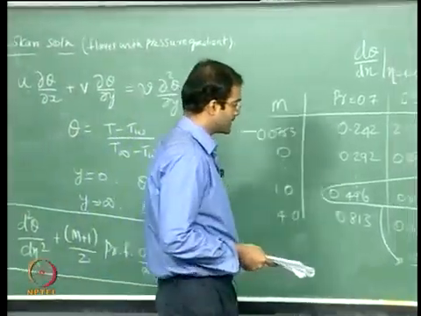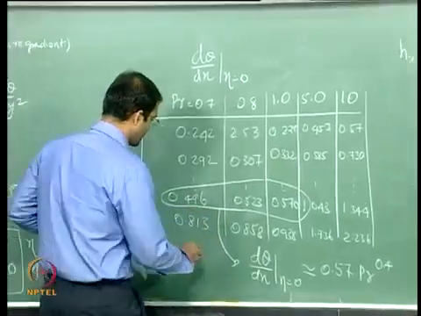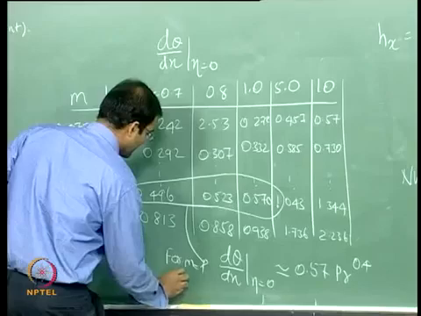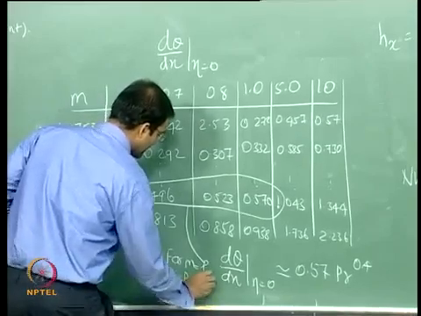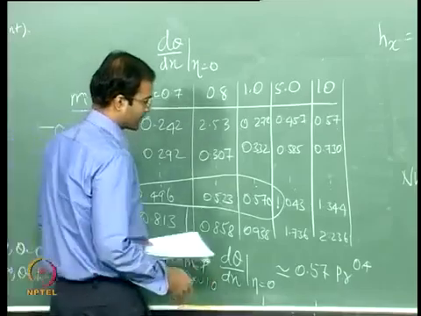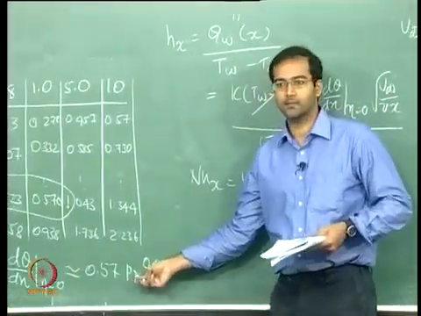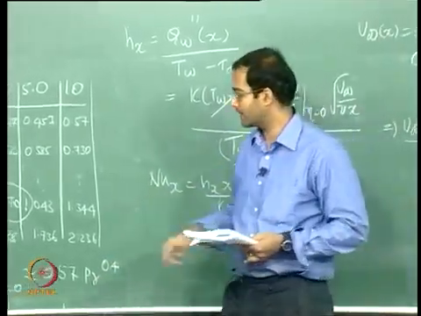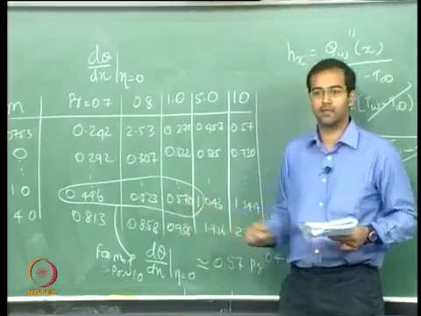Okay, so this is the kind of fit that you can do for m equal to 1 around Prandtl number close to 1. So you are not saying here Prandtl number is exactly 1, it has some Prandtl number dependence, but the dependence is relatively similar, you have about 0.5 to 0.57 variation here.